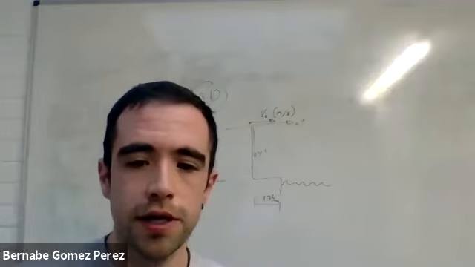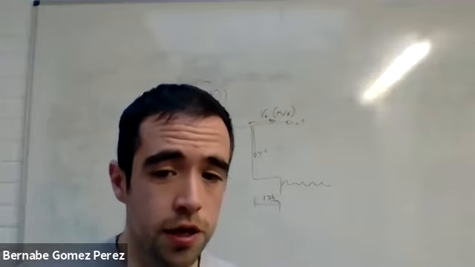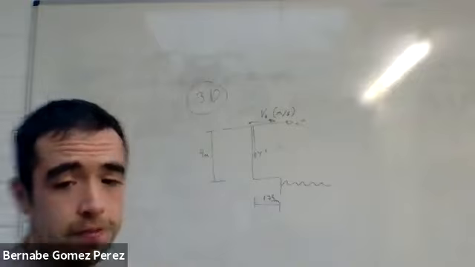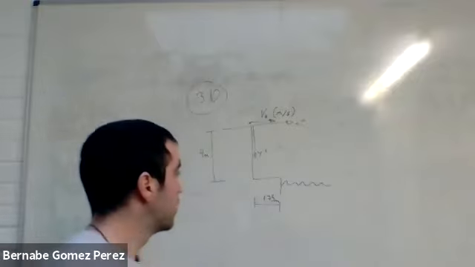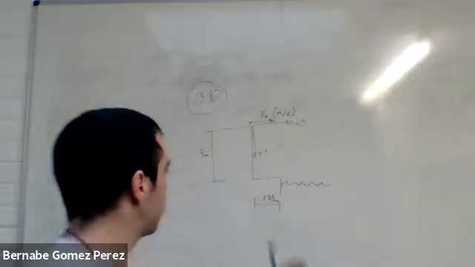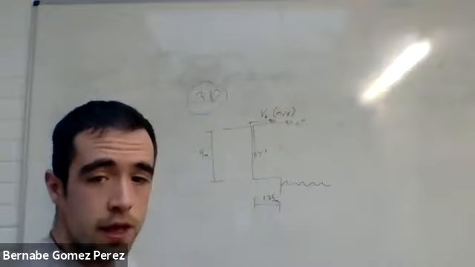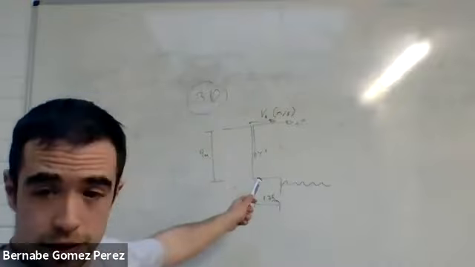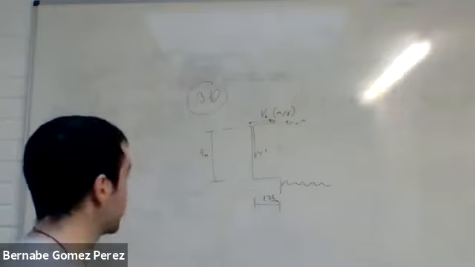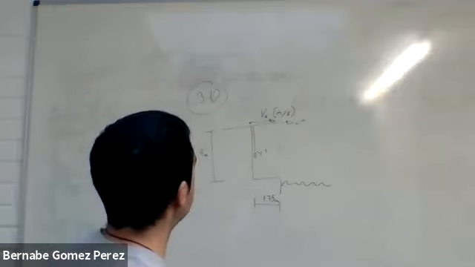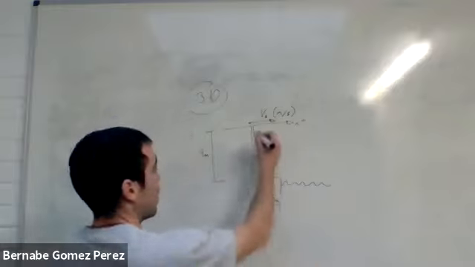Does this make any sense to you guys? You can set the reference frame however you want, but for me this is the easiest way. Did anybody set it like this? Oh, you did this. Smart people, that's amazing. Perfect.